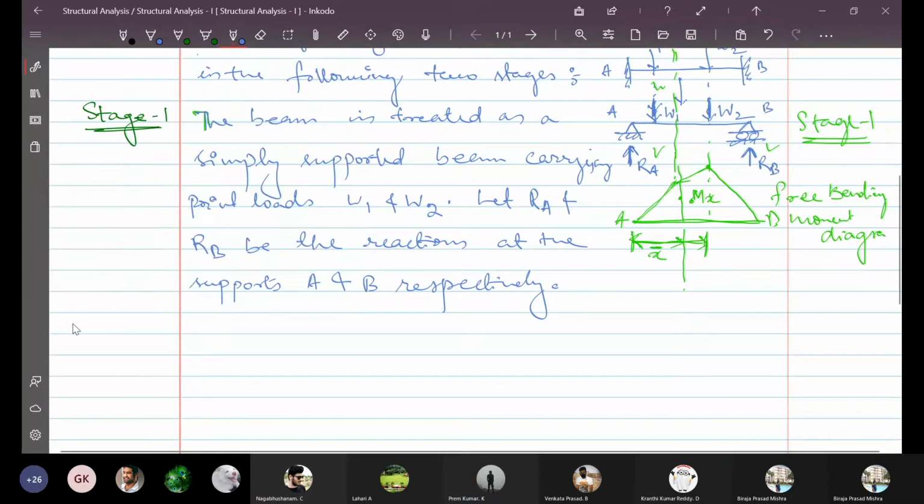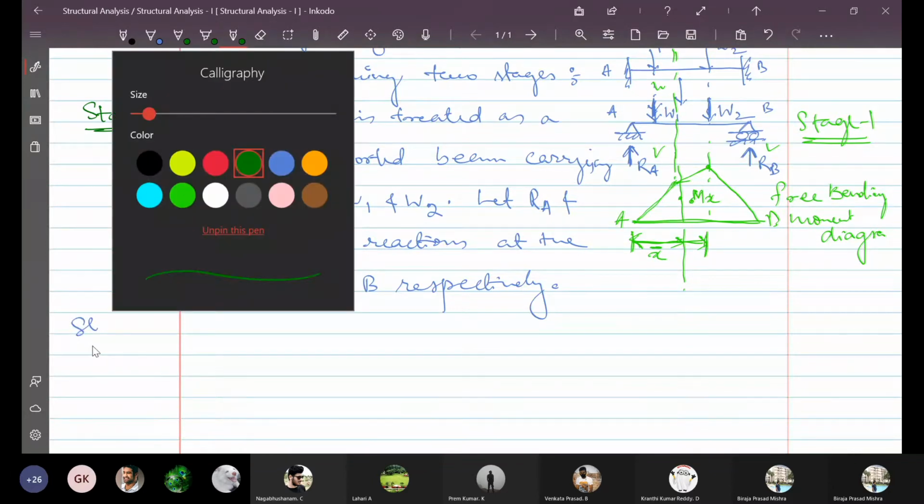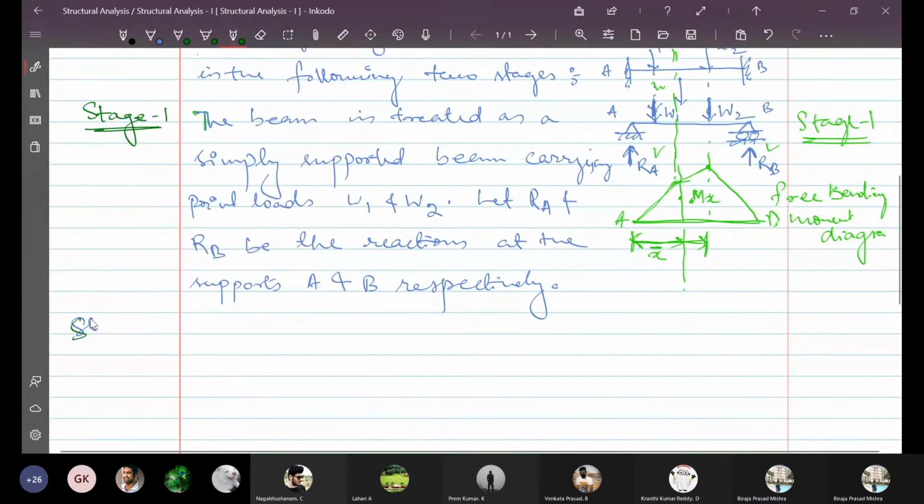Now what is stage 2? So the stage 2 is again similar. It is a simply supported beam again.